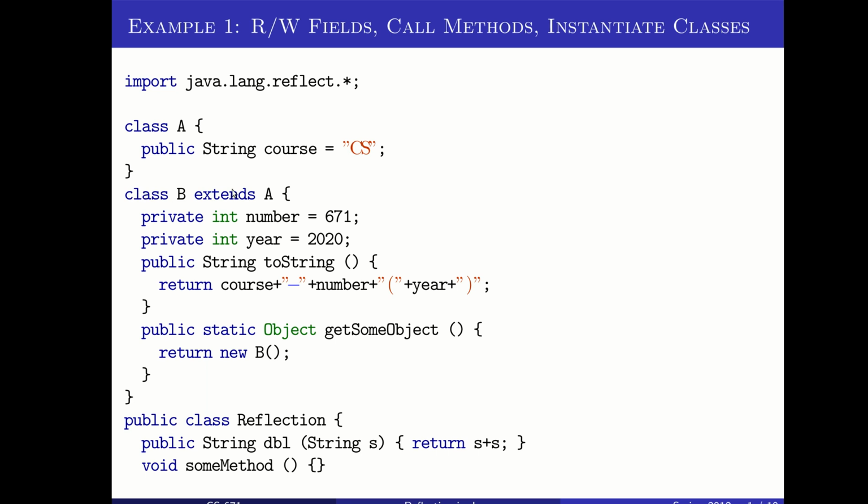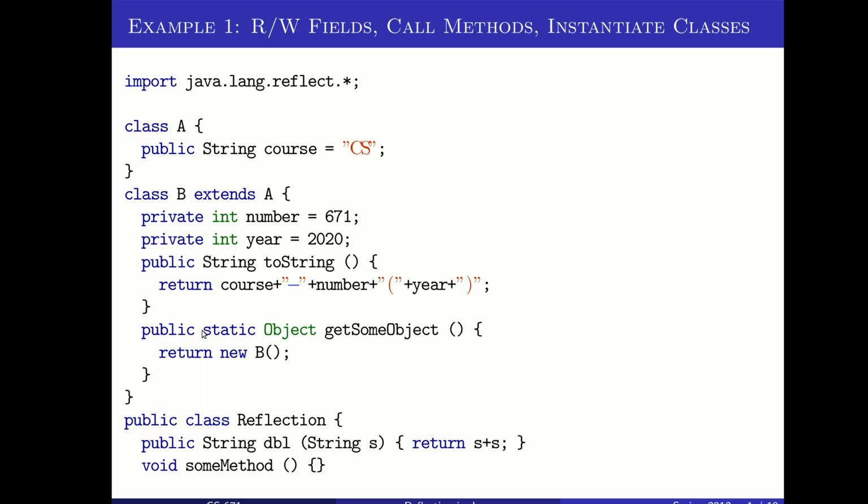Class B extends A, meaning that it inherits that course string variable, and it has more variables of its own that are private, an integer for the course number and an integer for the year. It has a couple of methods. One of them is a toString that just combines the course number, the course name, and the year. And another one that returns us a B object.